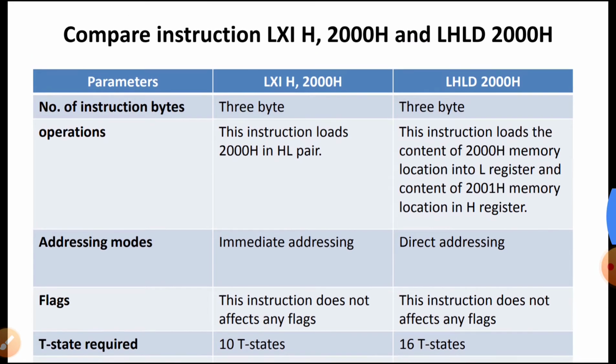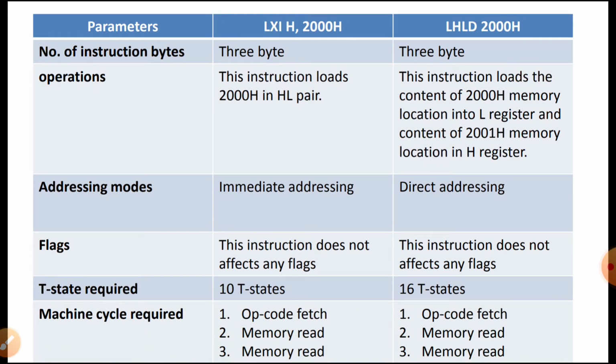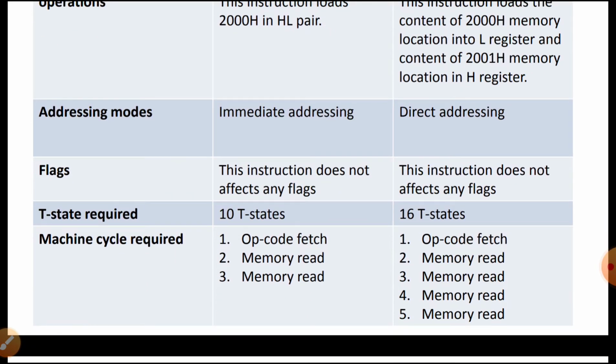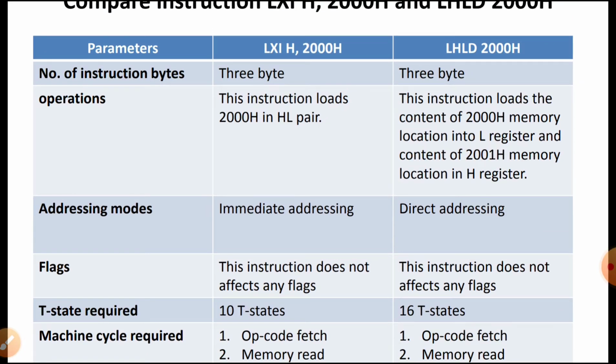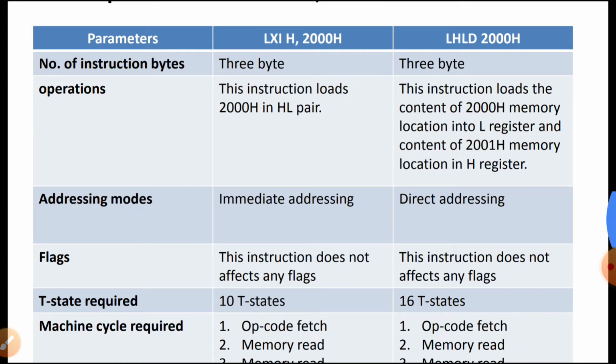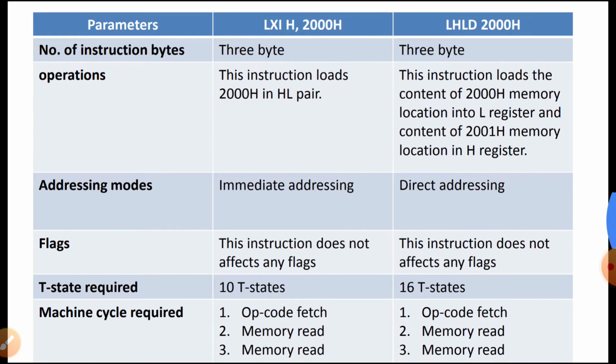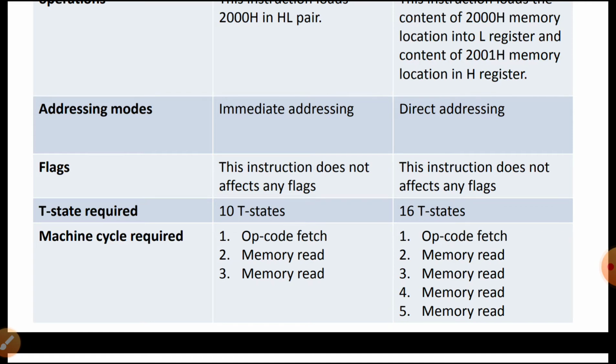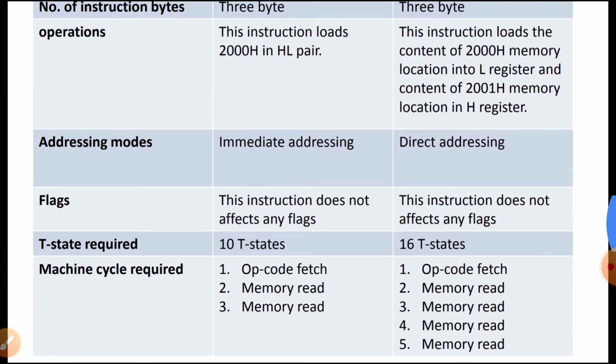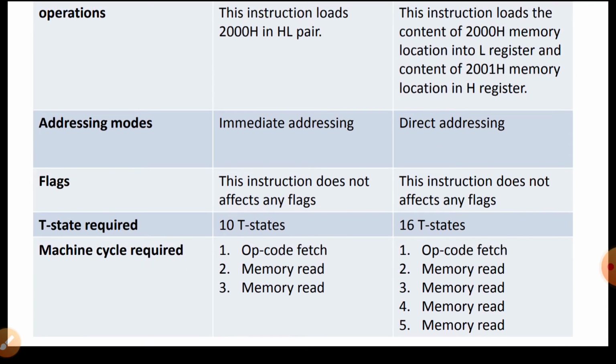The first one has immediate addressing mode, the second one has direct addressing mode. As for flags, since both instructions are data transfer instructions, neither is going to affect any flag. As far as T states are concerned, LXI H will take 10 T states because there will be 3 machine cycles, but LHLD 2000 will take 5 machine cycles and there will be 16 T states.